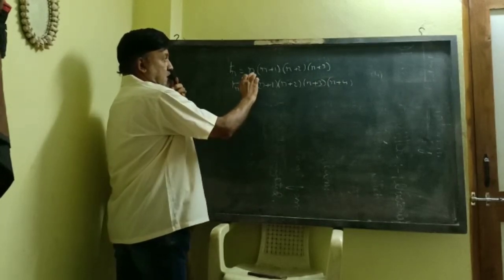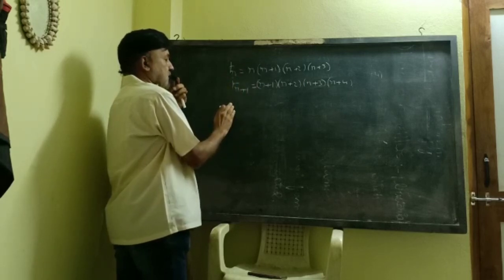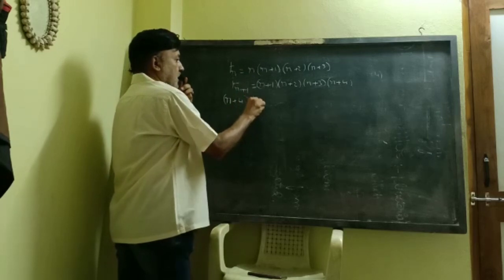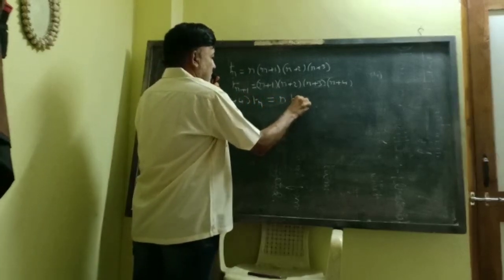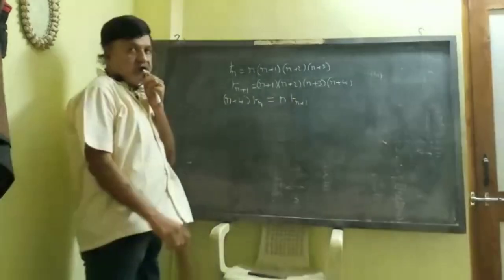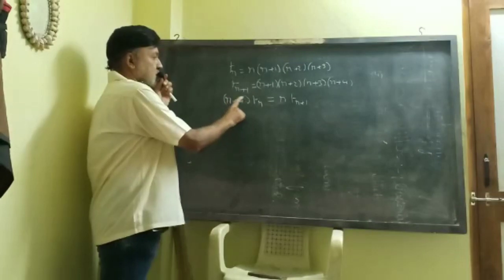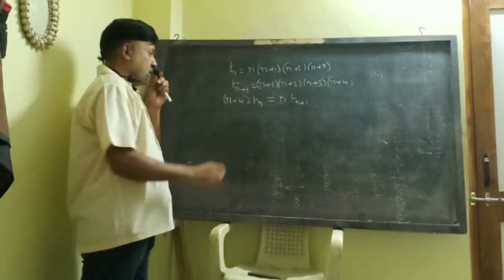Here r is missing, and here r plus 4 is missing. So r plus 4 into Tr is equal to r into Tr plus 1, you will get. Right, so r plus 4 into Tr is r into Tr plus 1.